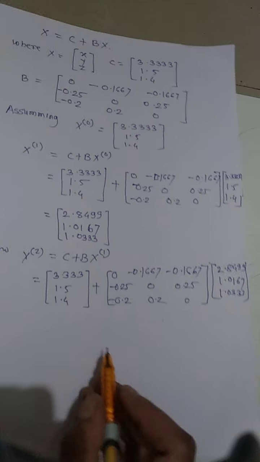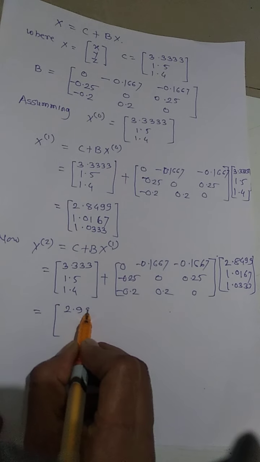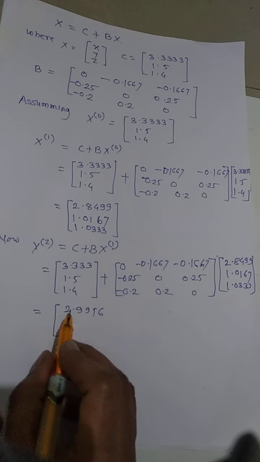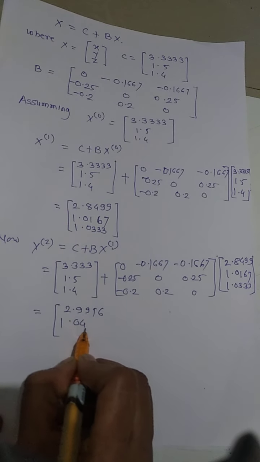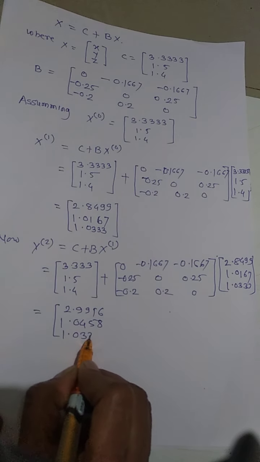After calculating, we get the matrix 2.9916, 1.0458 and 1.0333.